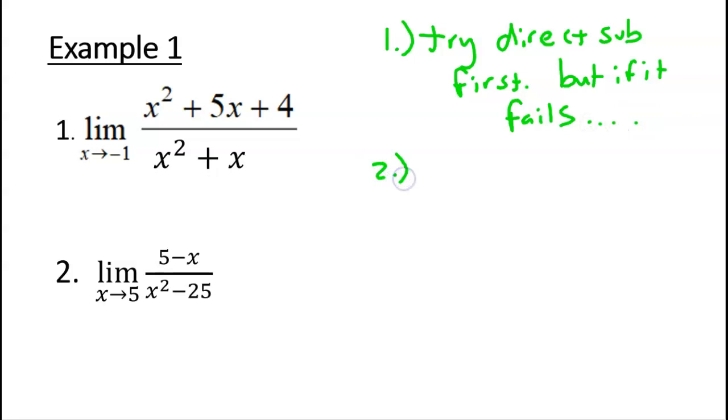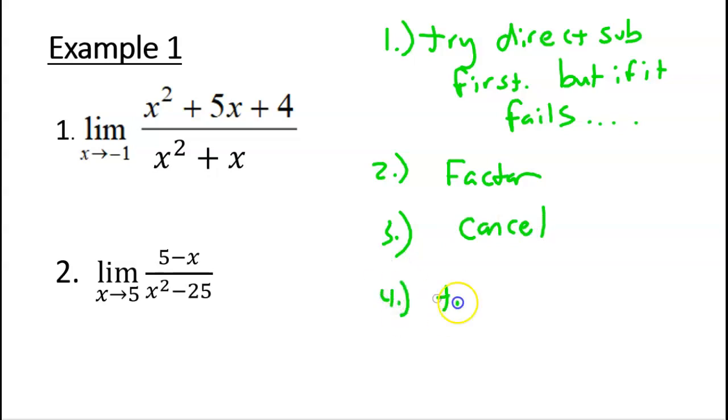First of all, we're going to try factoring. We're going to factor. After that, we're going to divide out the common factor, or cancel out whatever's the same on the top and bottom. And after we do that, we try direct substitution again. And at that point, you should get an answer.